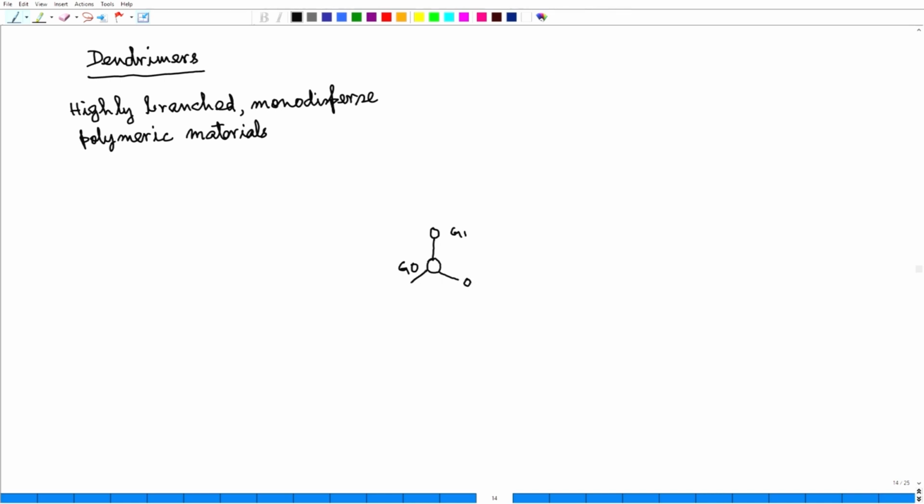Then I am writing G2. It's difficult to fathom, but it will be easy, not that big a problem. This is G2.